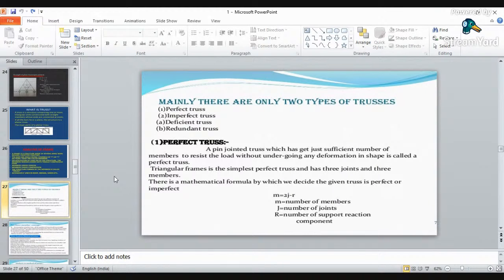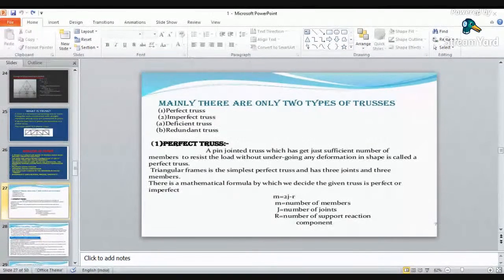There are basically two types of trusses, the perfect and imperfect trusses. A truss is called a perfect truss if its number of members is equal to 2j minus r. If this condition is satisfied in the truss, then that truss will be termed a perfect truss.